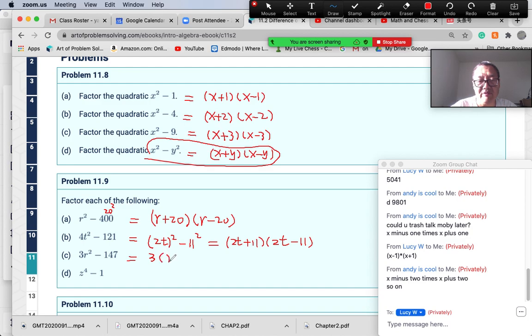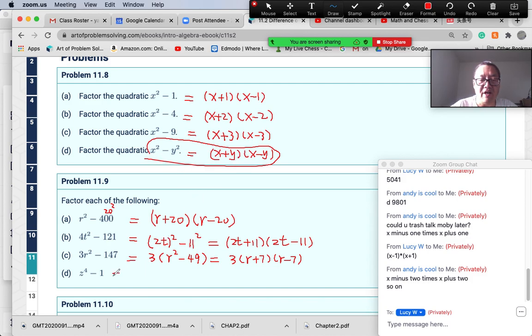So this one is r squared minus 49, right? Then you can continue factoring this one as (r plus 7) times (r minus 7), right? Because 49, you can write as 7 squared. So then you use this formula.